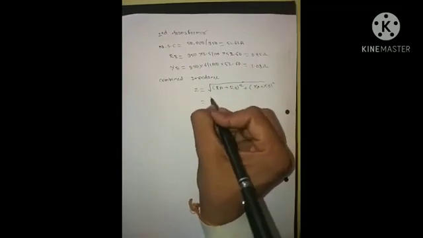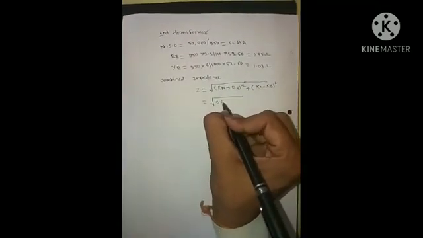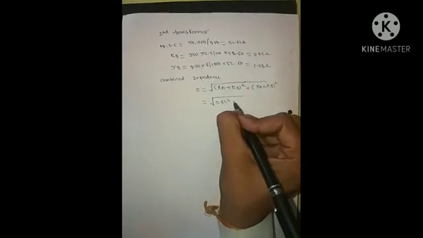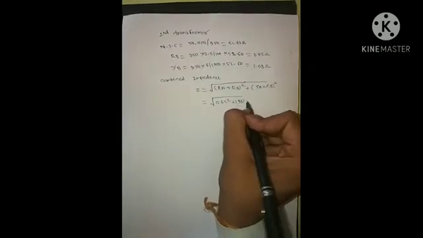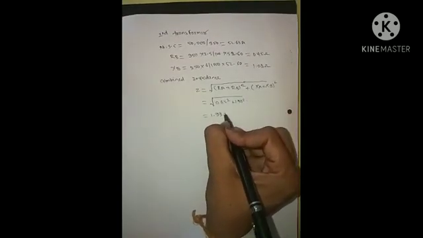By putting in all the values, we get the square root of 0.65 square plus 1.88 square, and the answer is 1.99 ohm.